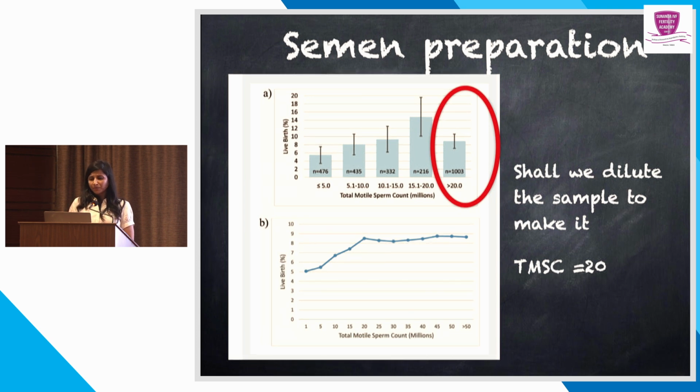So this particular paper is telling that if the TMSC is high, your IUI success is going to be better till the time the TMSC is 20 million. But if it is beyond 20 million, it may hamper the IUI success.